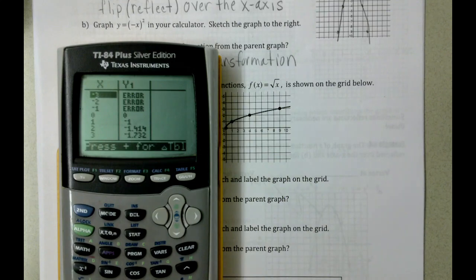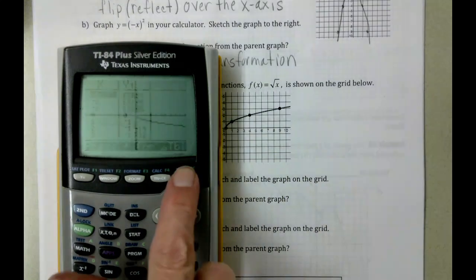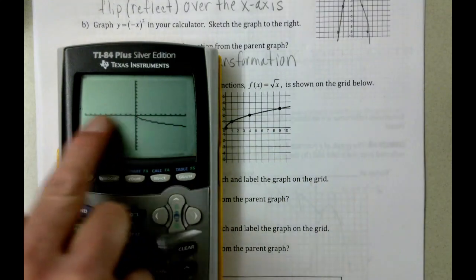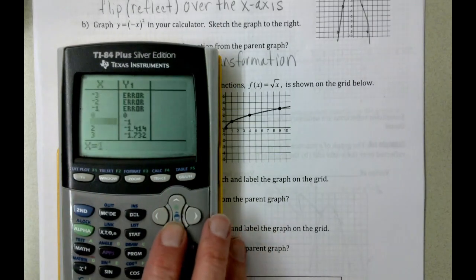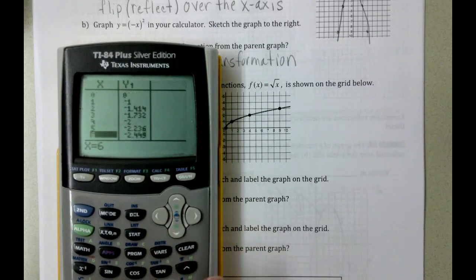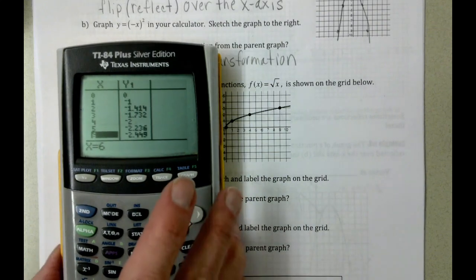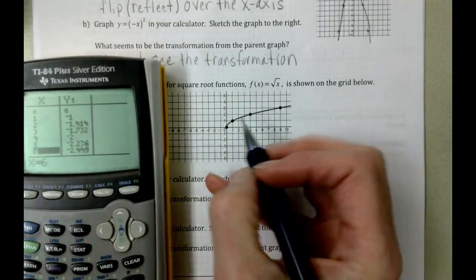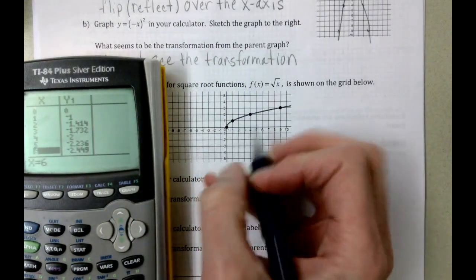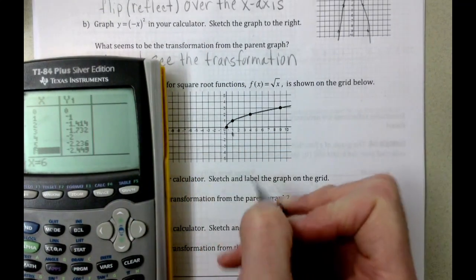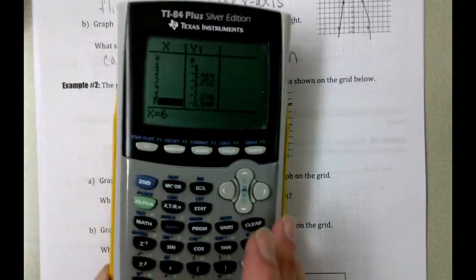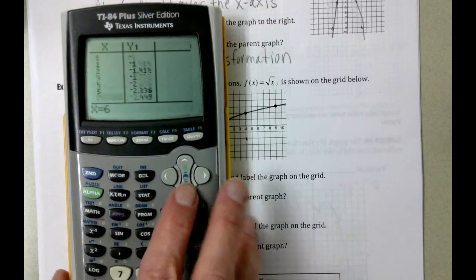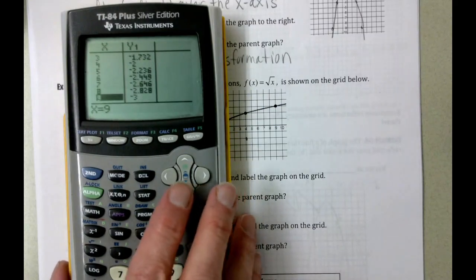And notice that we've got some errors over there in the negative, because when we look at our graph, we don't have anything graphed over here in the negative section. But I can scroll through here. And let's just graph a couple of nicer points, like 0, 0, which is already on our graph. And then 1, -1, 4, -2, and if I continue to scroll down, we have 9, -3.